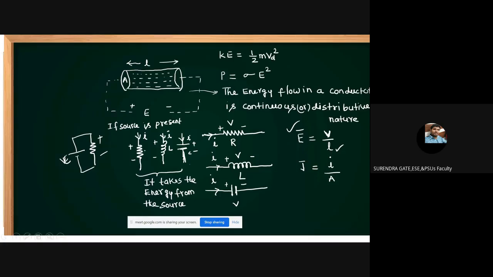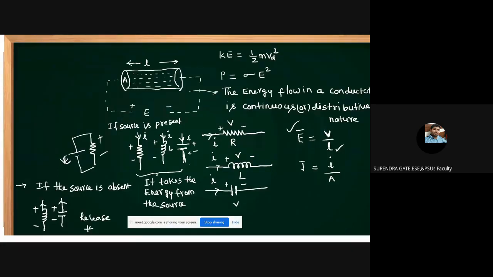If the source is absent, in the case of memory elements, mainly the inductor and capacitor, they deliver the energy, that is, release the energy.